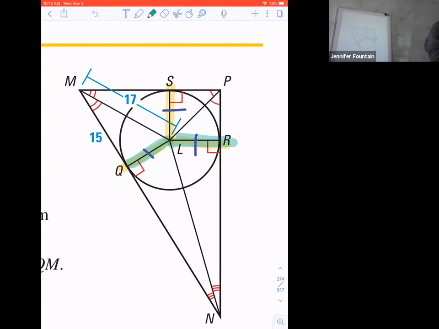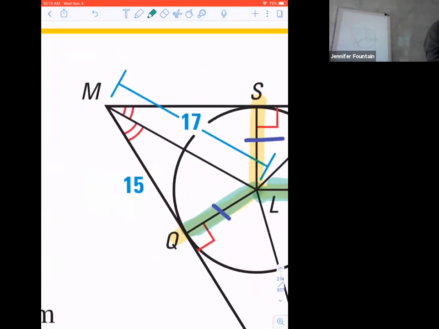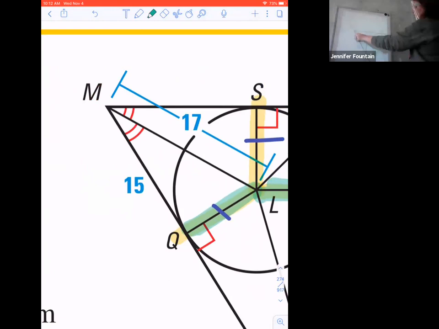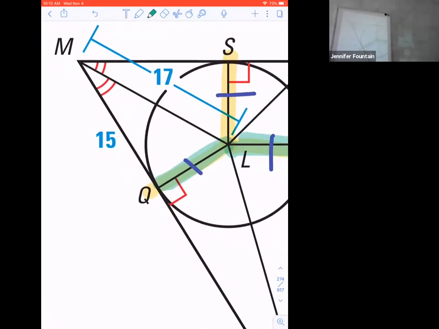So what information do I know when I'm looking at this triangle here? I'm trying to find this triangle here, and I need to find my unknown side, QL. What is the measure of that side? 15. What is this side? Also 15.